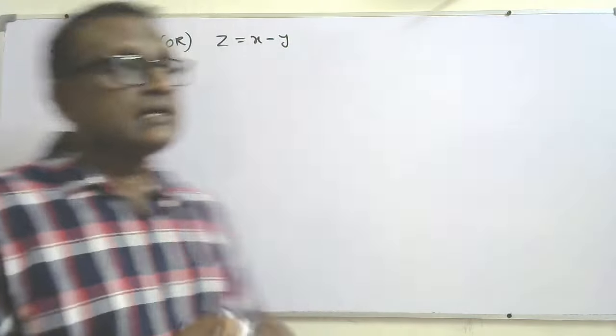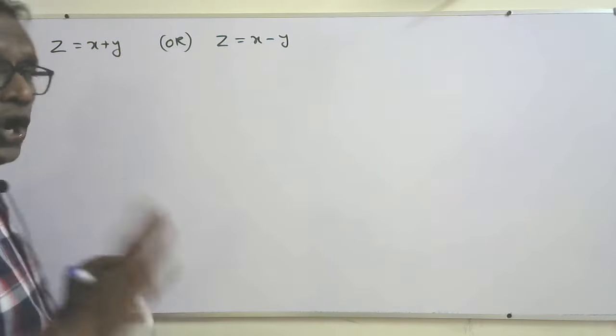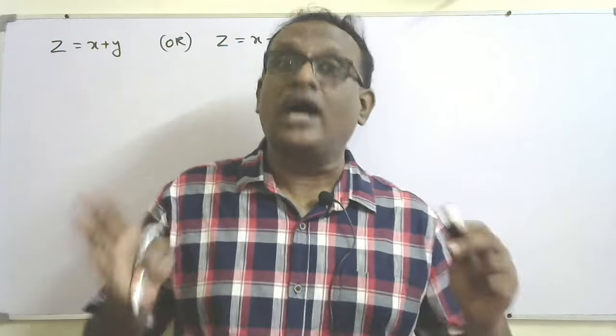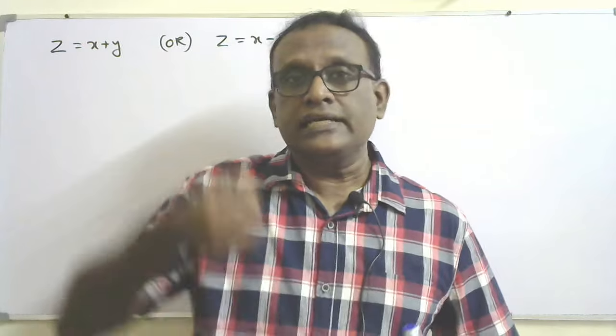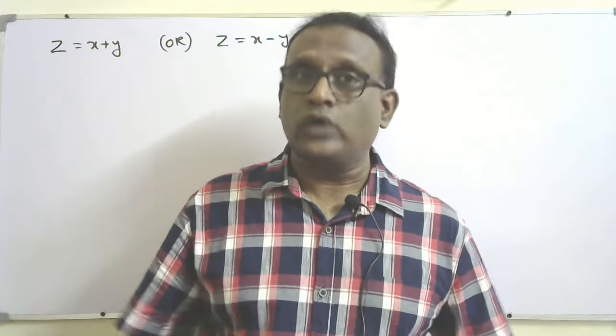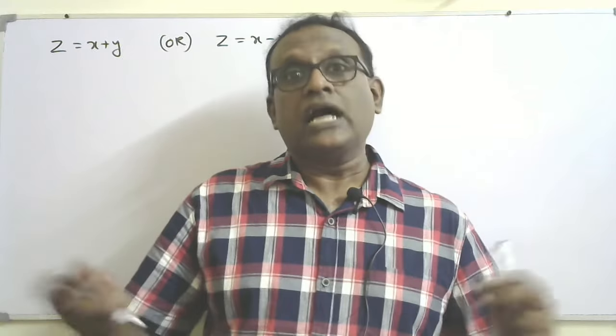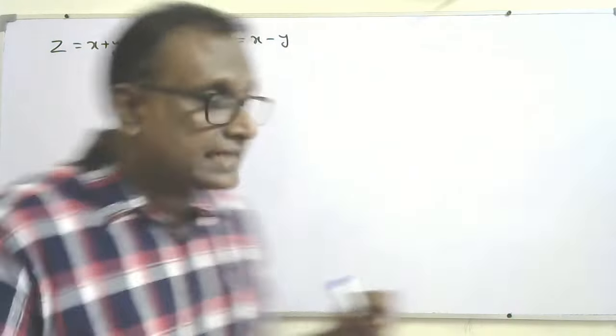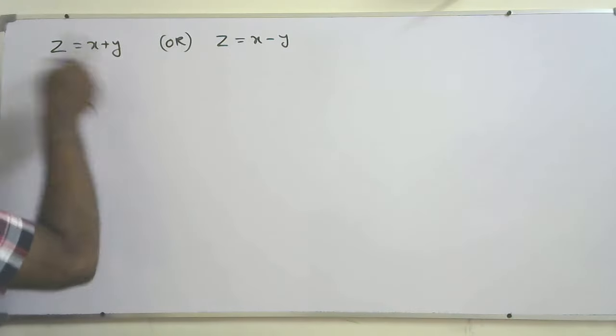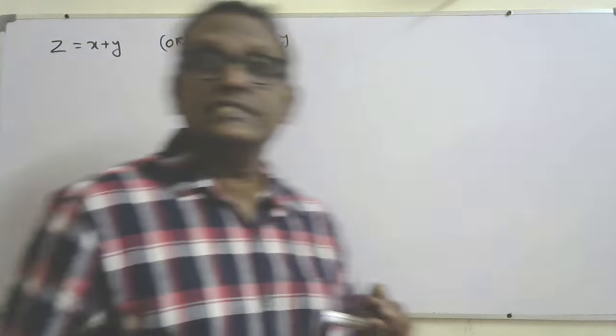Here these are the measured quantities. All measured quantities have uncertainty because we are using an instrument to measure those quantities. All the measuring instruments have uncertainty. You know that it is half of their precision. So x and y have uncertainties. So how to calculate the uncertainty of z?